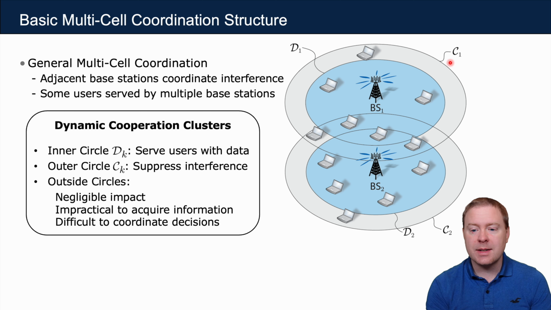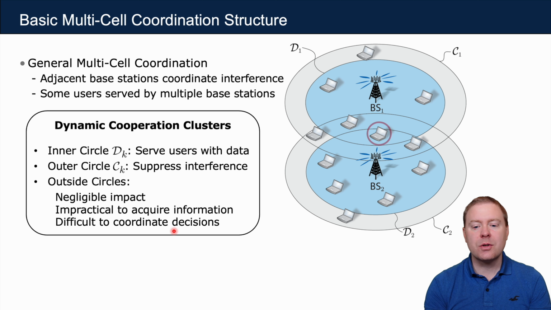So we call this C1, or DK and CK for base station K. And outside both of these circles, we expect that the users are so far away that they will not be caused much interference. We can ignore them, and it would anyway be impractical to try to get any knowledge about their channels and coordinate the decisions over really big regions.